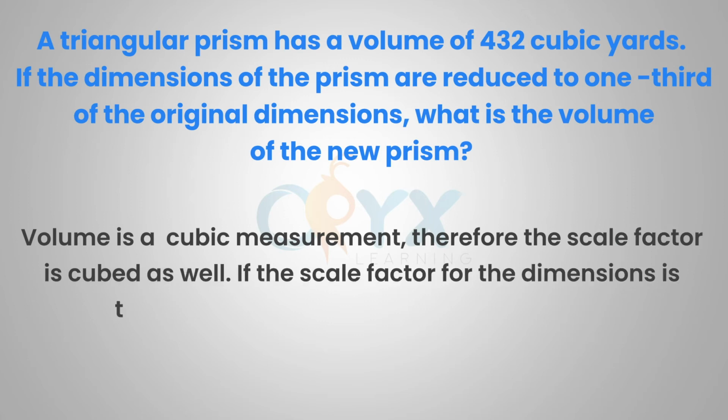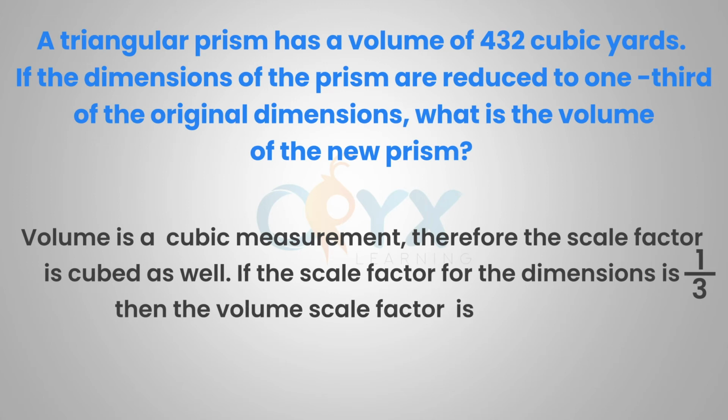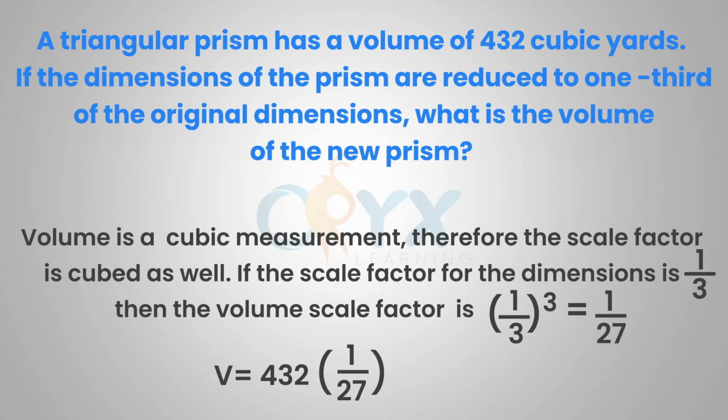If the scale factor for the dimensions is 1/3, then the volume scale factor is 1/3 to the third power. 1 to the third over 3 to the third equals 1 over 27. So the volume is 432 times 1 over 27, which equals 16 yards cubed, or 16 cubic yards.